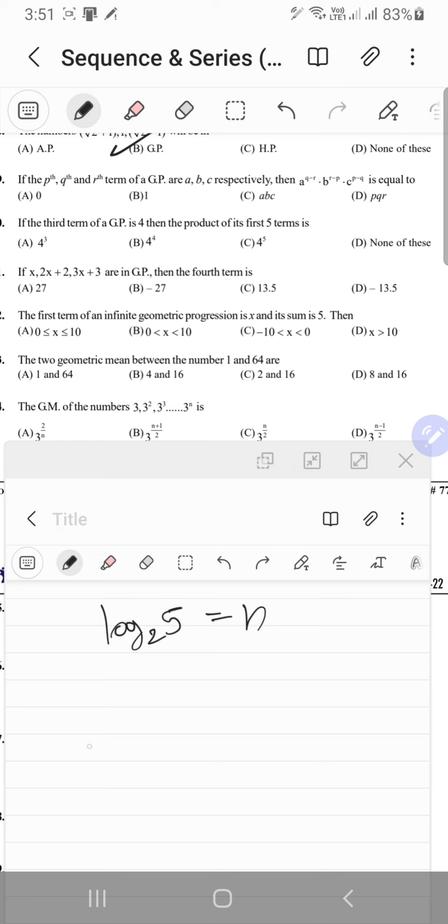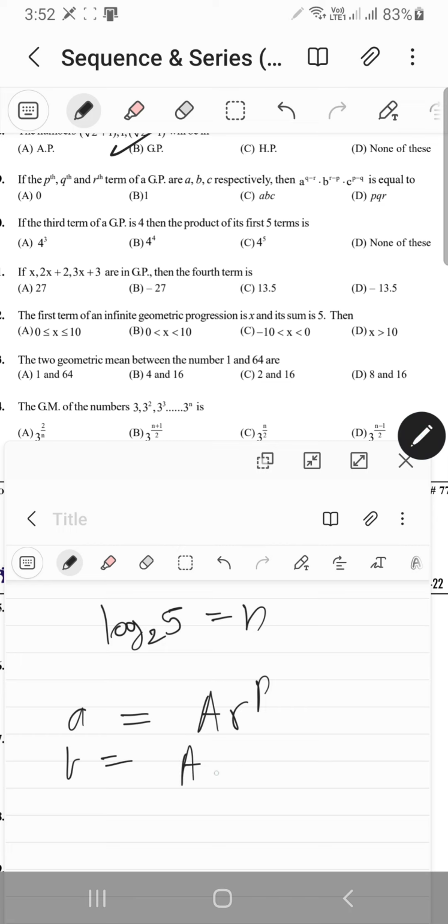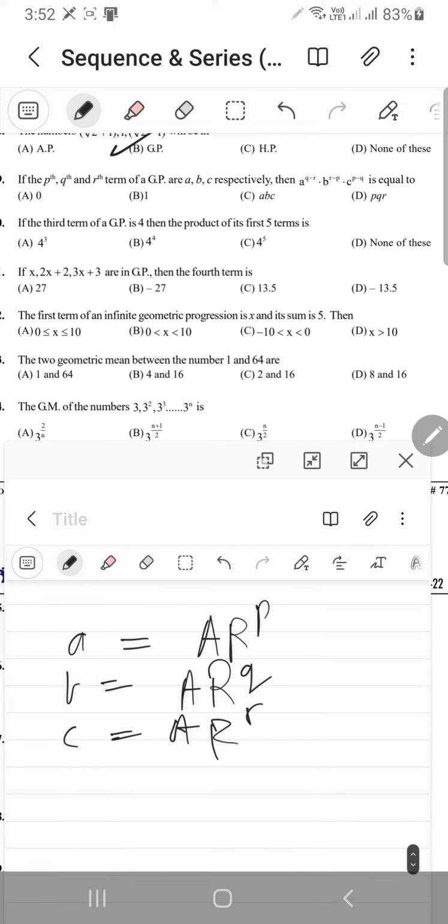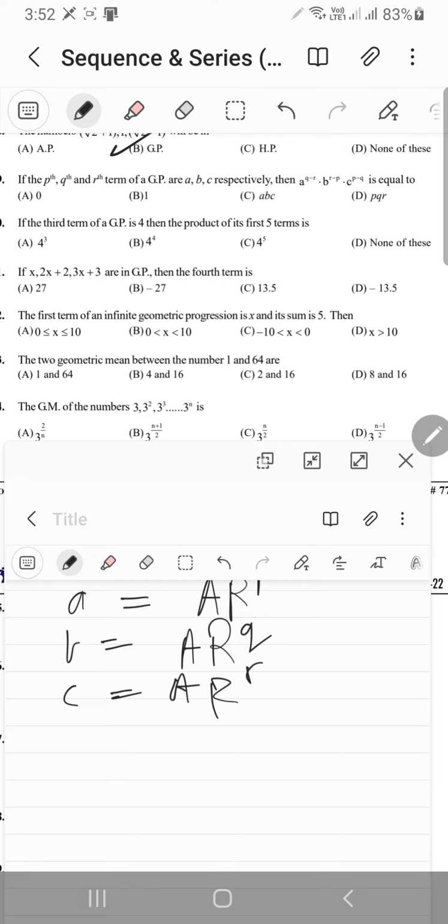So let's just say a is A r to the power of p, where this A is the first term upon the ratio, or call it the 0th term if you will. And similarly b is A r power q, and c is A r power r. Wait, what? Oh, let's just use capital R in that case. Right, and using this substitution we can get some stuff done.